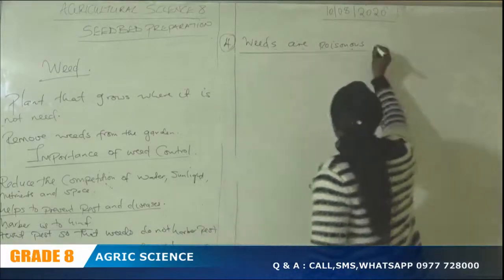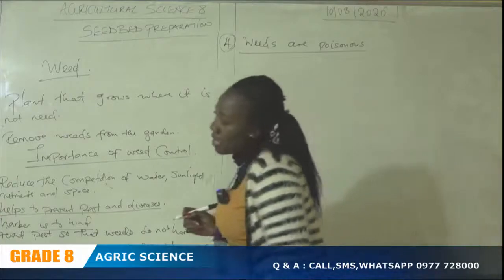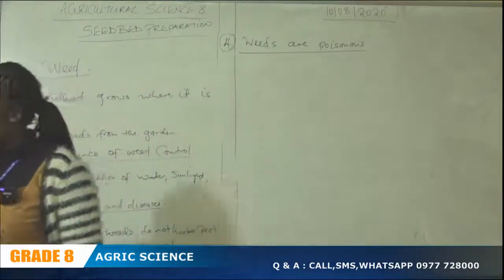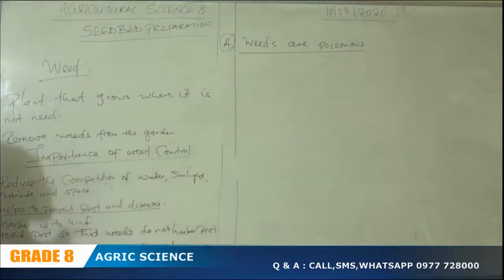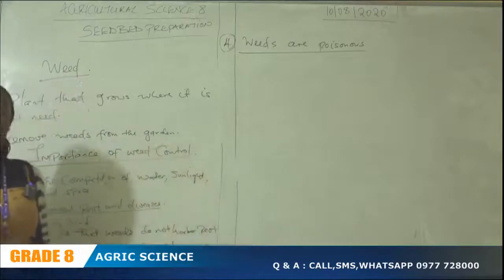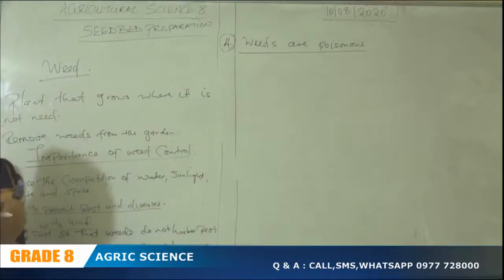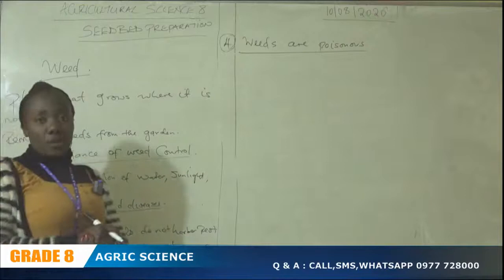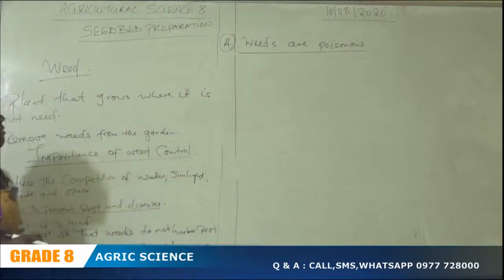Right? If we leave weeds, bear with me. I gave you an example last week talking about mixed farming, where we said this is the growing of crops and keeping of livestock.